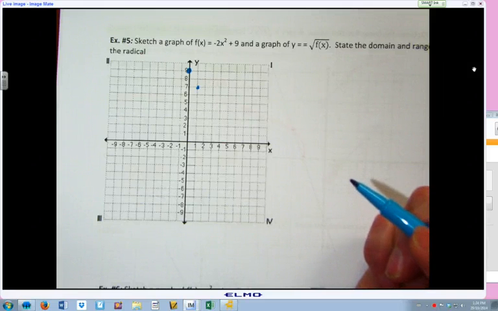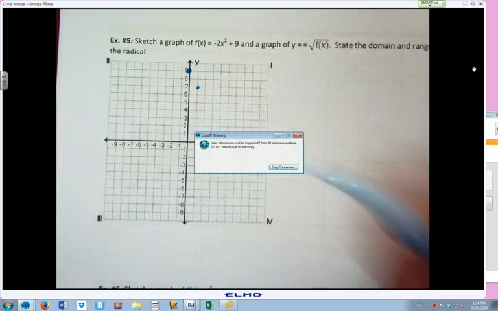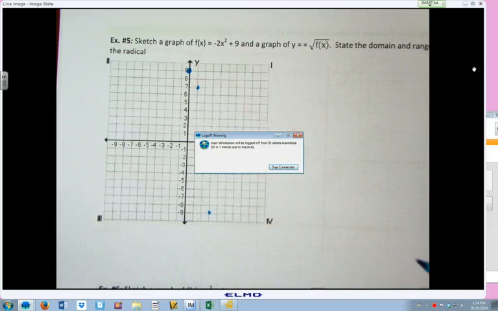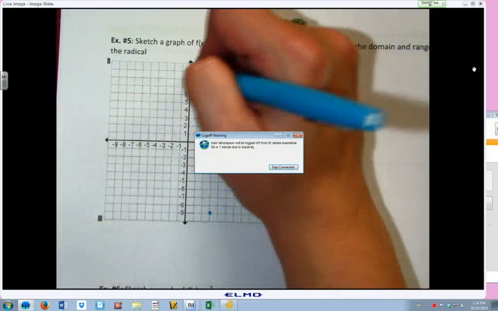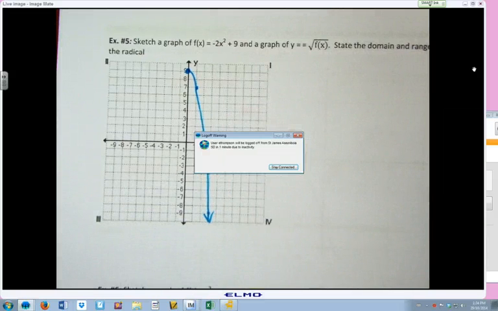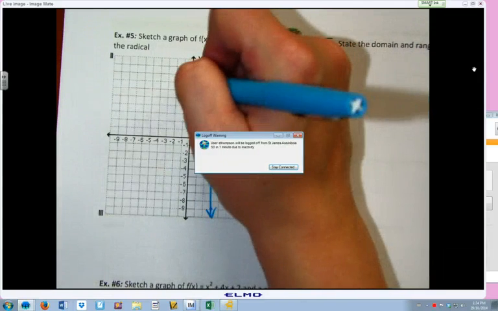Continue how? Oh, no, we don't want to ignore the bottom yet. Don't get ahead of yourself. Okay, I drew it.